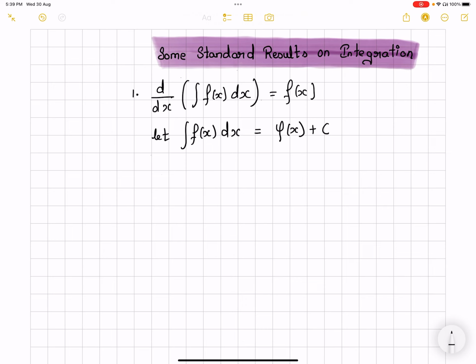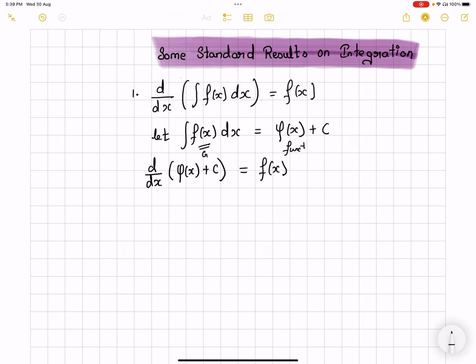So then further, when I differentiate the result I got, the function phi of x plus c, I would be getting f of x, because just see here, this is going to be my gradient. When I integrated a gradient, I'm getting a function. So when I differentiate a function, obviously I would be getting a gradient. So you would be getting f of x.